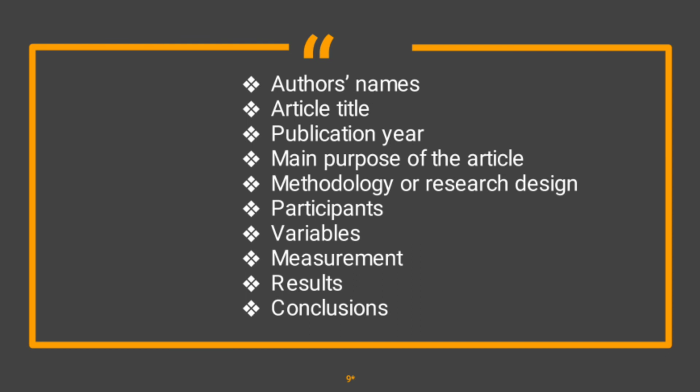You may look in the rationale if the article is really related to your research or questions, together with the methodology or research design, participants, variables, measurements, results, and conclusions.